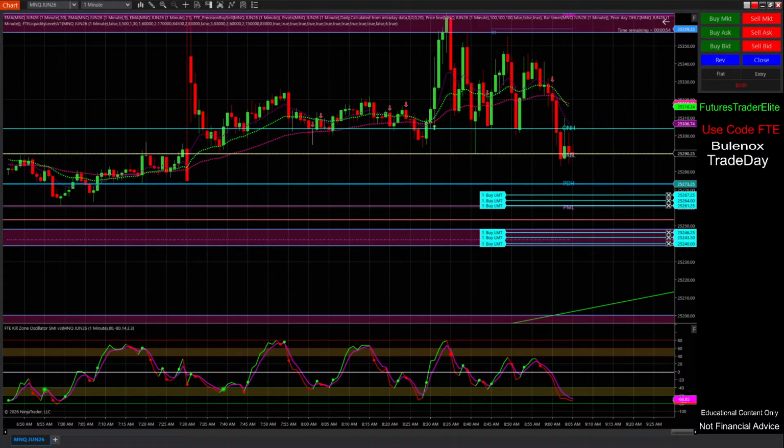Patience. Patience pays. That's what I'm telling myself. I want to see it snag down there real fast. Sharp candle. Bounce back up.